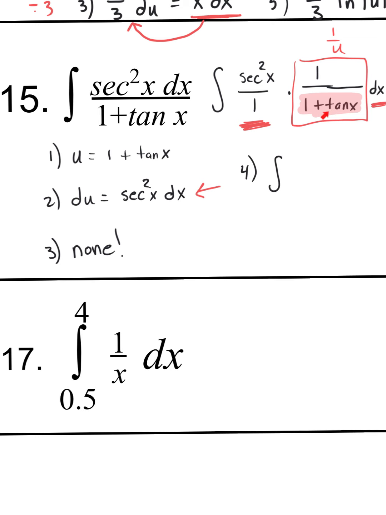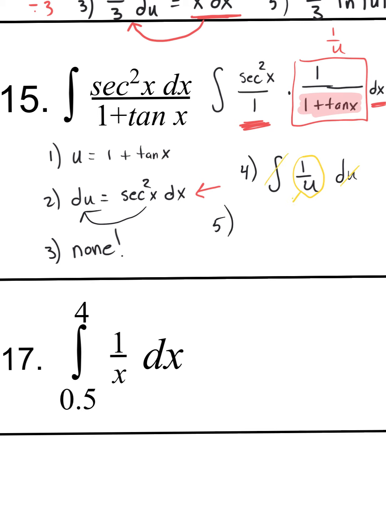Again, this whole piece here gets replaced with 1 over u, and I'm going to replace secant squared of x dx. I go to my differential. That is now equal to du. So this isn't too bad now. The only thing that we need to take the antiderivative of is 1 over u. The notation drops out.